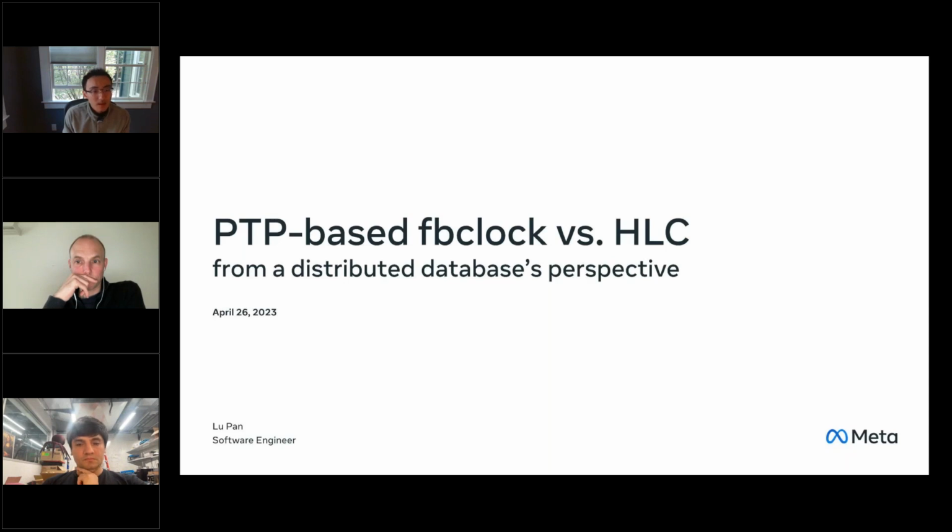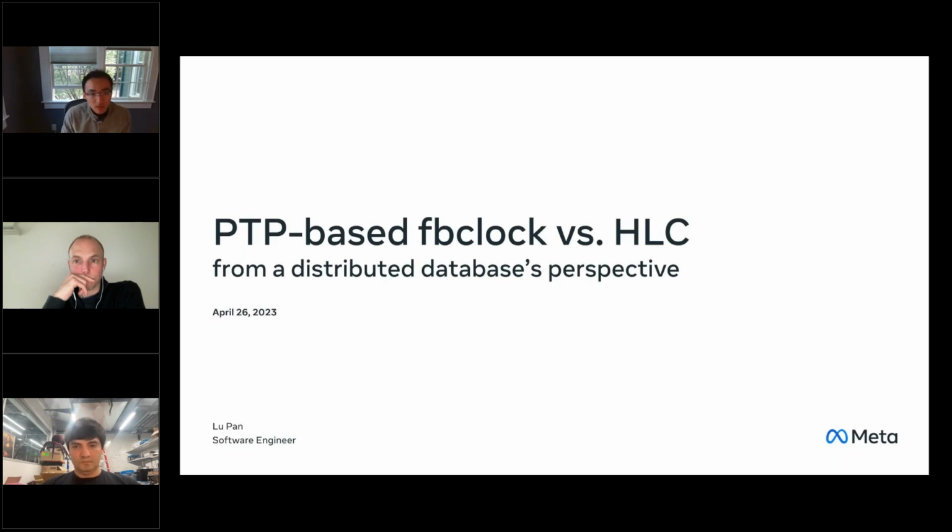Today I want to mostly talk about comparing PTP-based FB clock versus hybrid logical clock from an application, specifically distributed databases applications, perspective, and then the pros and cons between the two, and at a high level this might help us decide which one we should use.